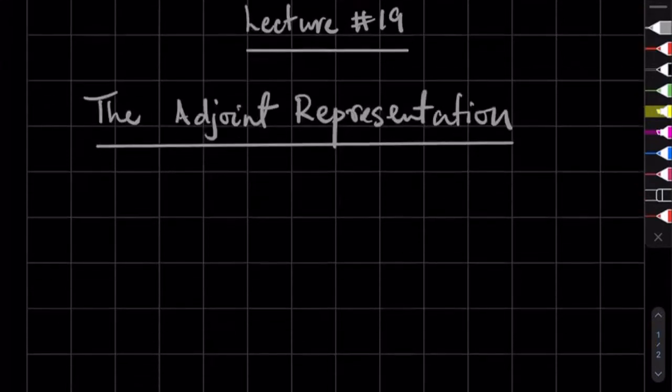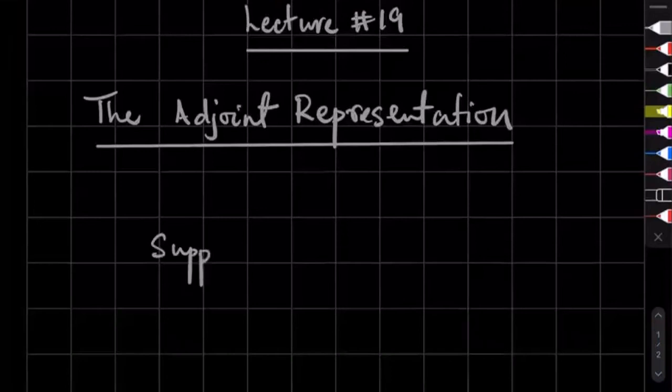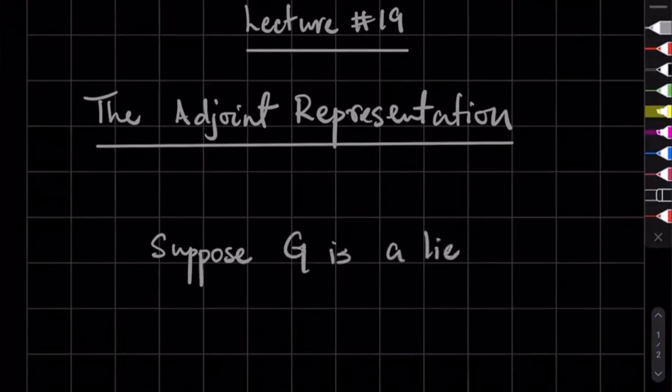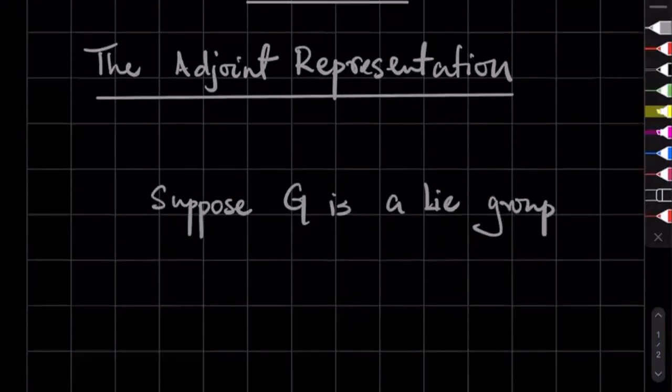Suppose you have a Lie group, and G tilde is the Lie algebra.